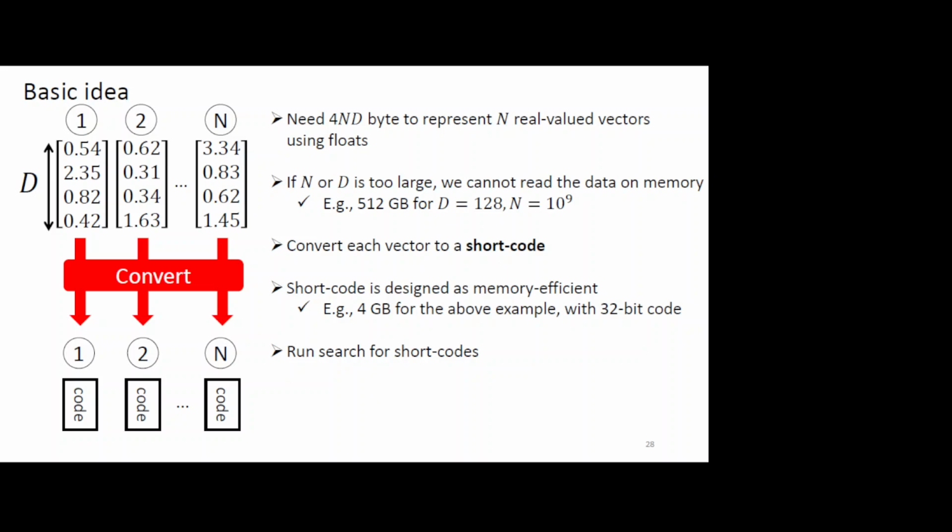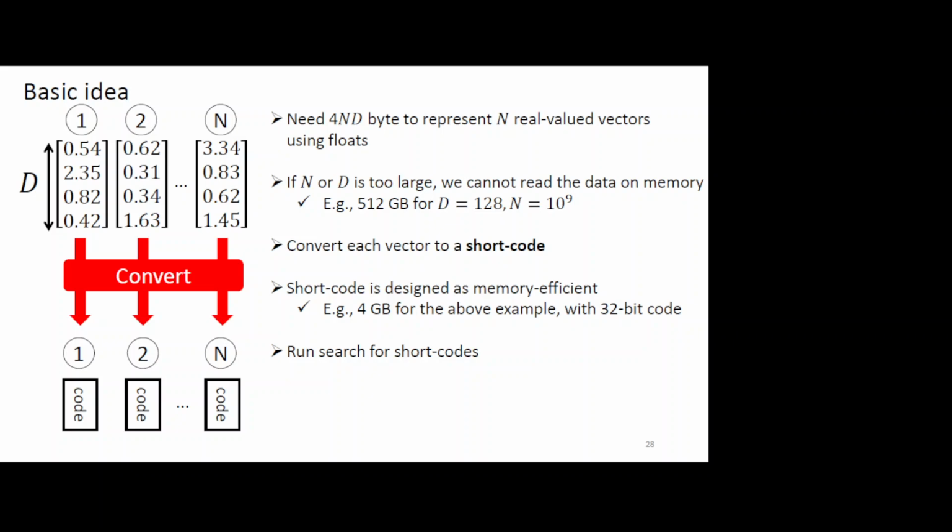But because your memory is not sufficient, you have to apply some quantization technique. The basic idea is like this. Suppose you have this dataset of n data points. Each data point is a vector, and we want to convert it into a code.